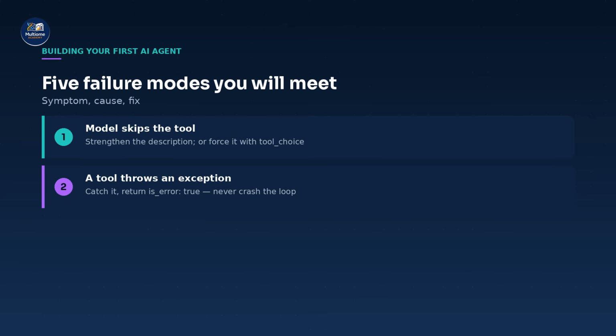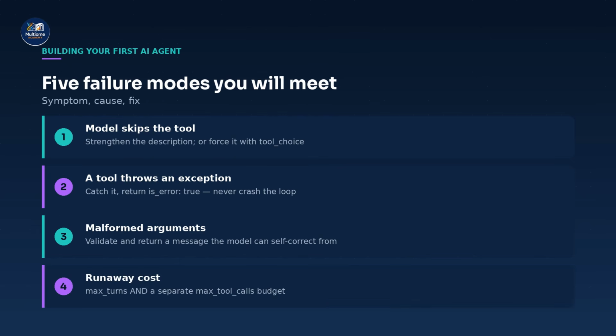Mark it is_error true, so the model can recover instead of the whole conversation crashing. If arguments are malformed, validate inside your function and return a message the model can actually read and self-correct from. And cap both turns and total tool calls, because one response can request several tools at once, and a confused model can loop far longer and far more expensively than you'd expect.